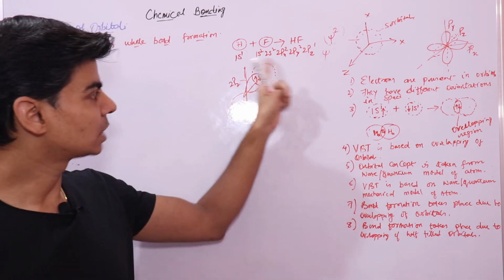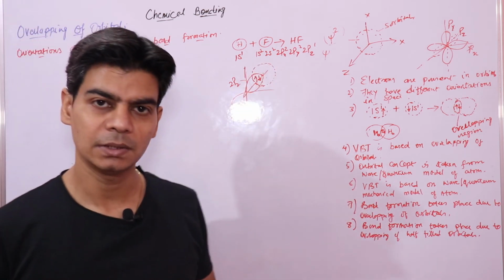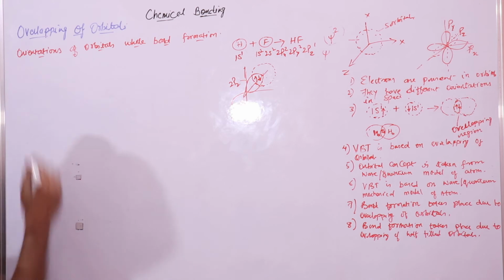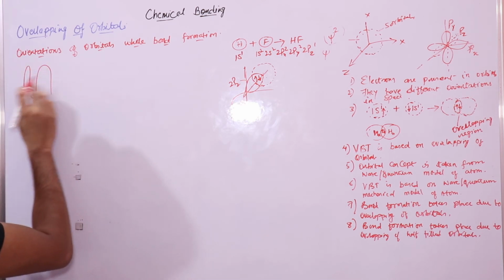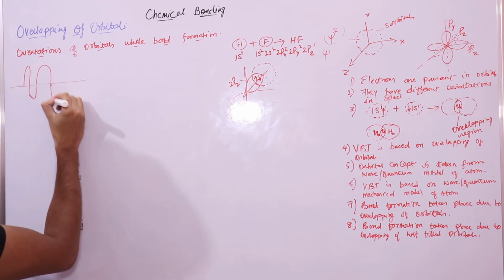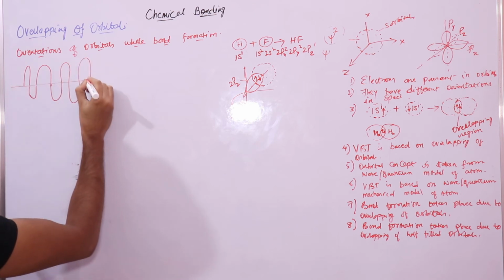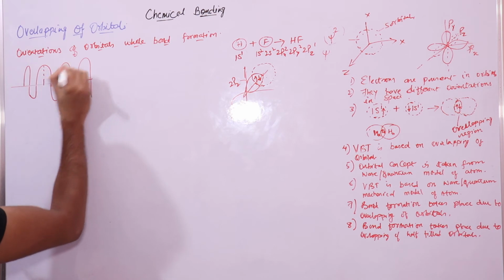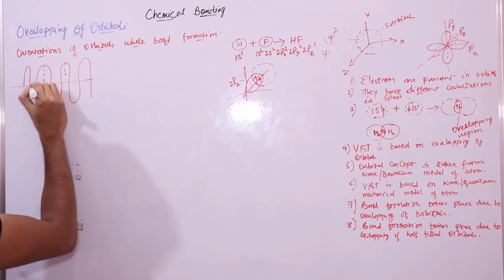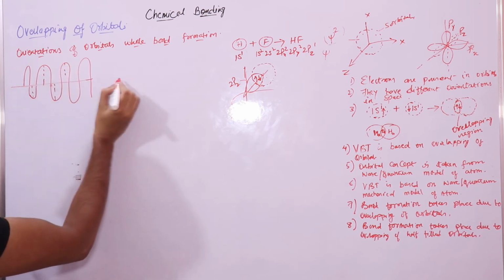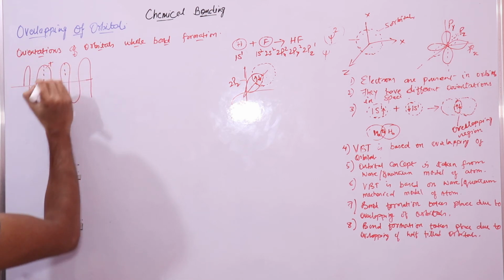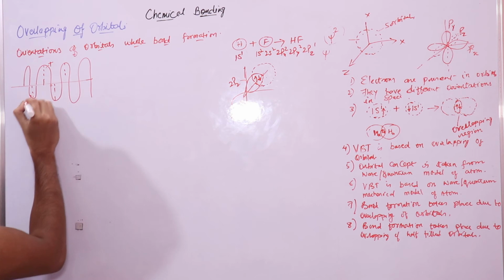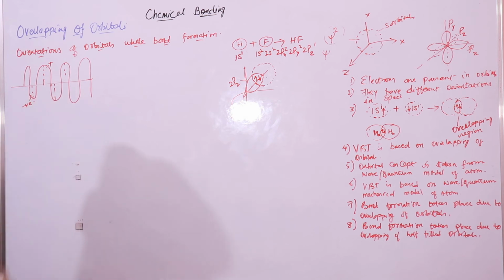And waves have amplitude. Suppose this is the wave, and this is its amplitude. If this is the x-axis, then this is in the positive, upper x-axis, and this is in the negative x-axis.